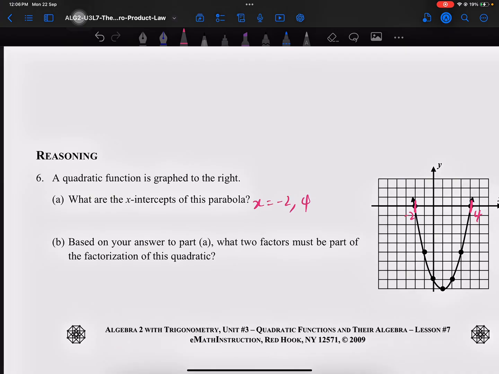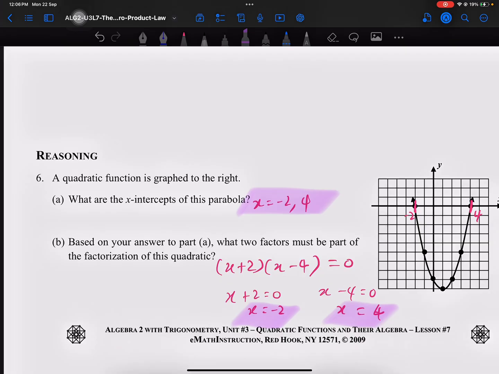If the roots are negative 2 and 4, I know that the factors are x plus 2, x minus 4 equals 0. So if you split it into 2, it will give you the roots. This one is the same. So the factors will be this one. That's it.